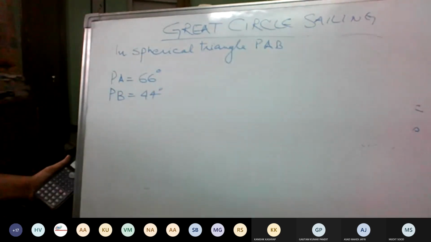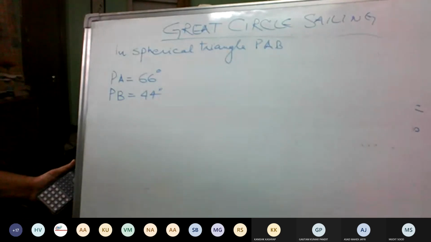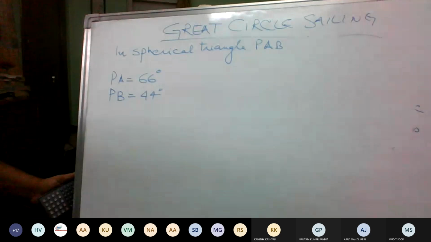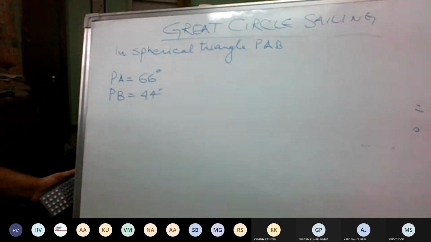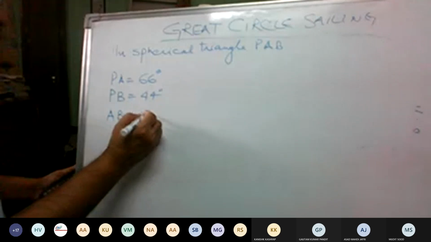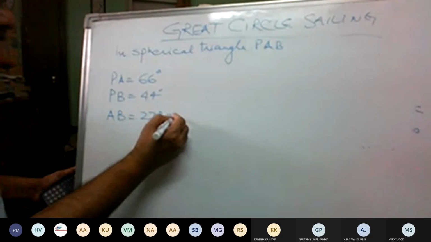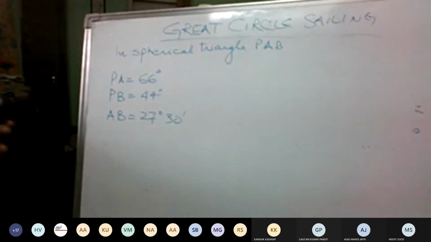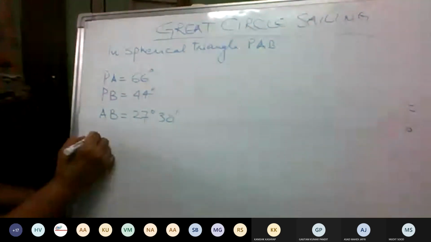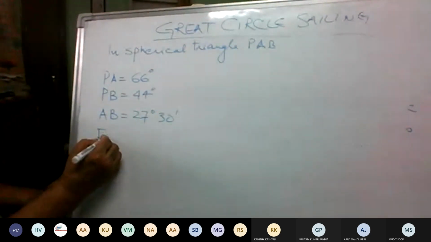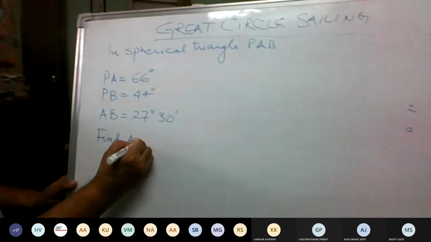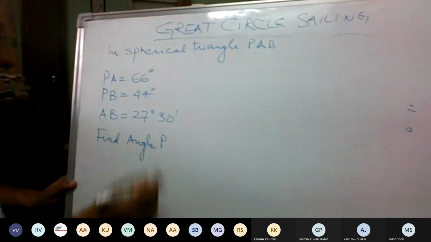Okay. AB is equal to 27 degrees 30 minutes. Okay. Find angle P.